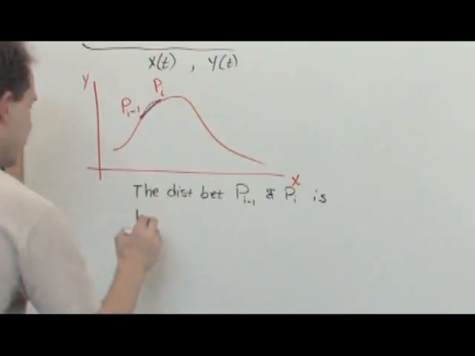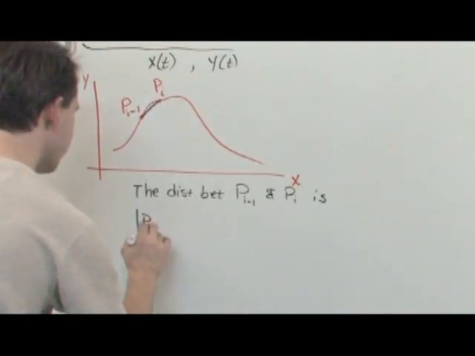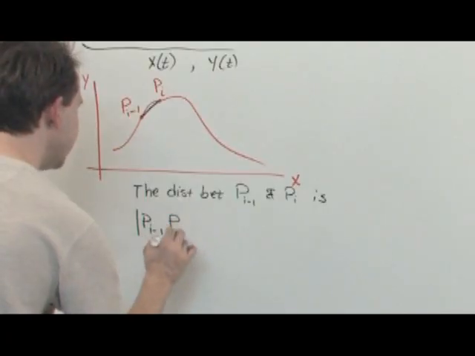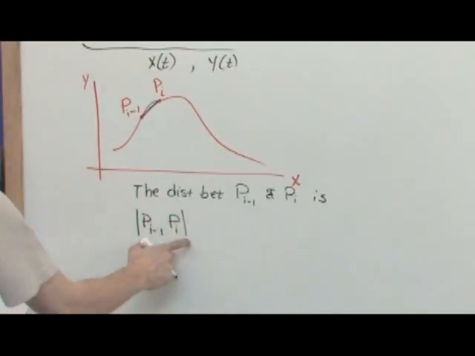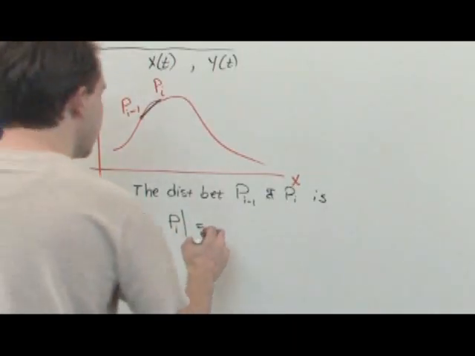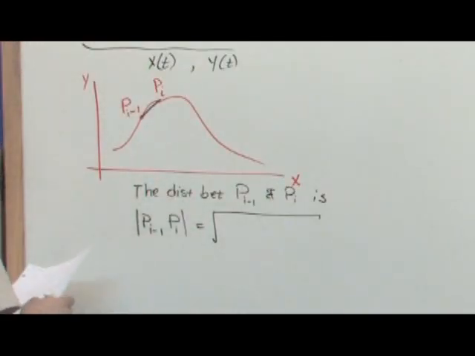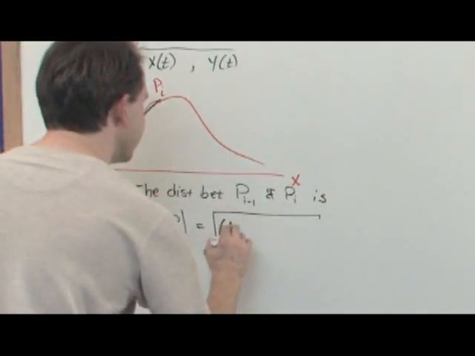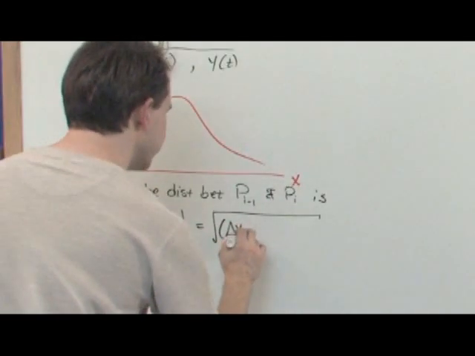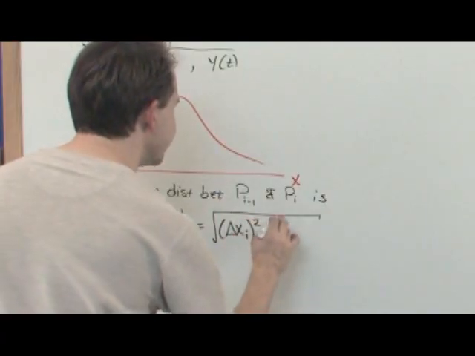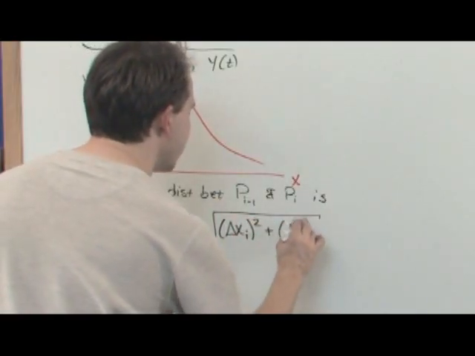Here's the distance from P sub i minus 1 to P sub i, that's all this little bracket means, it's just the distance between them, is equal to the square root, just as we did before back in the arc length section, of delta x sub i squared plus delta y sub i squared.